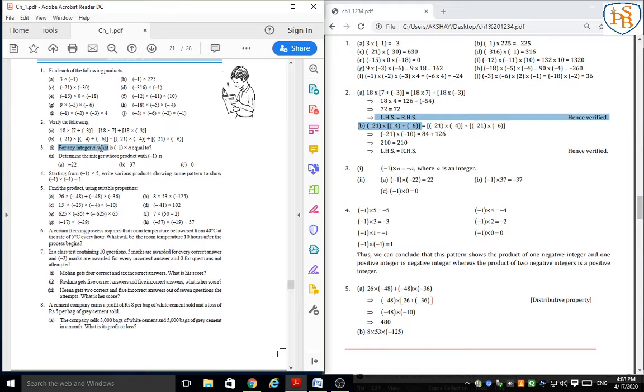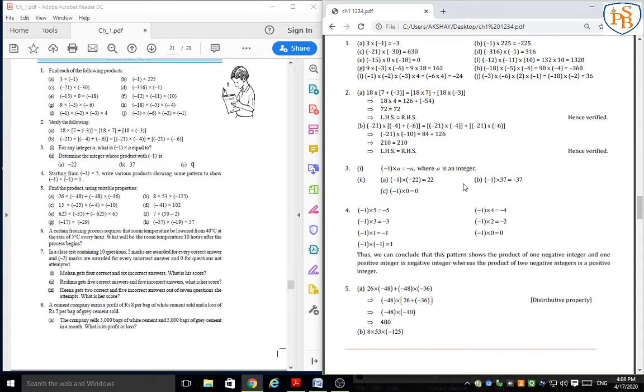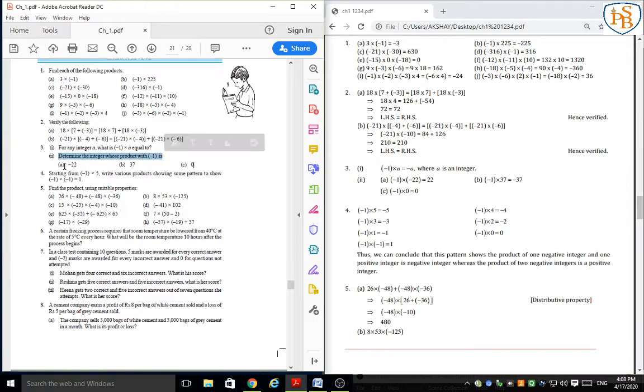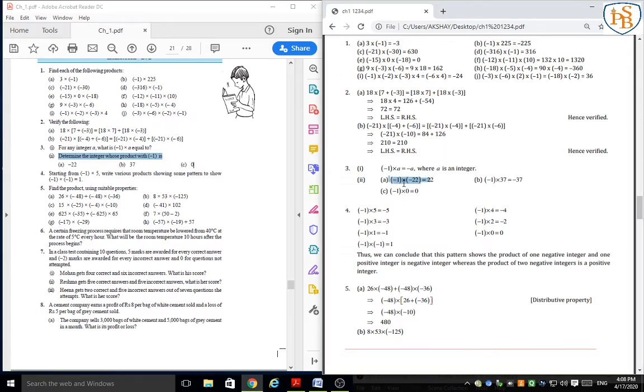For question number 3, for any integer a, what is negative 1 times a equal to? Negative 1 into a is equal to negative a, where a is an integer. Determine the integer whose product with negative 1 is: if I multiply negative 1 with negative 22, 22 ones are 22, both are negative integers, so the answer will be a positive integer.